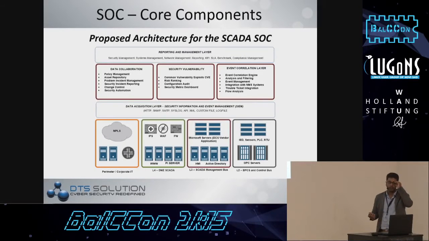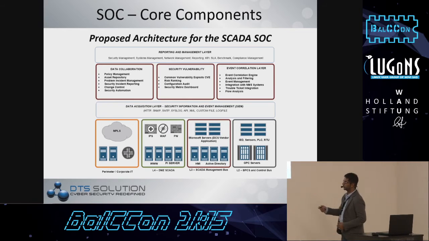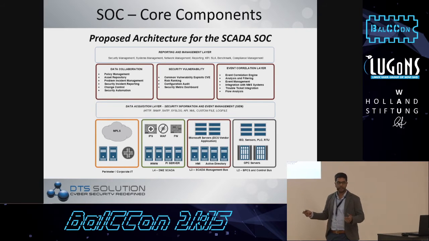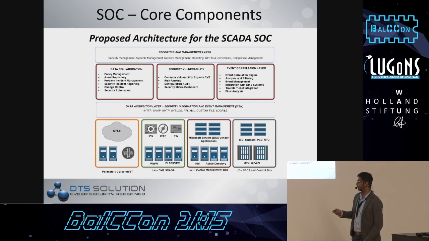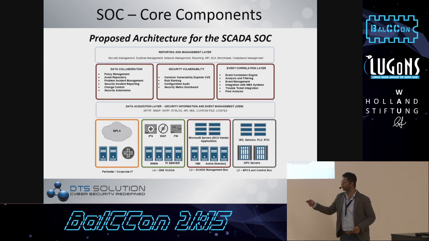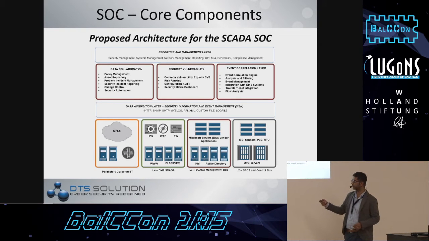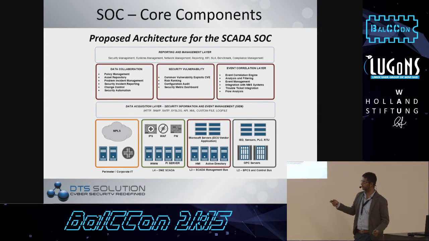So typically, in building a SOC, this is the kind of architecture we're talking about. You have your perimeter network, whether it's MPLS or VPLS or private links. But this is the corporate IT infrastructure, which then connects to your level 4 DMZ of the SCADA, which could typically be segmented through a firewall where you have web services running, for example, antivirus update servers and the PI servers.